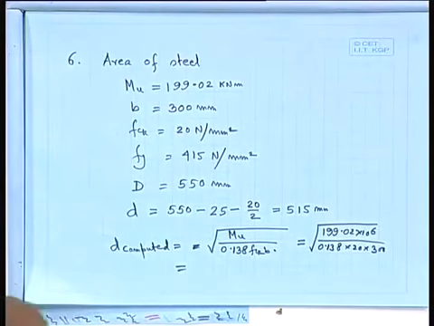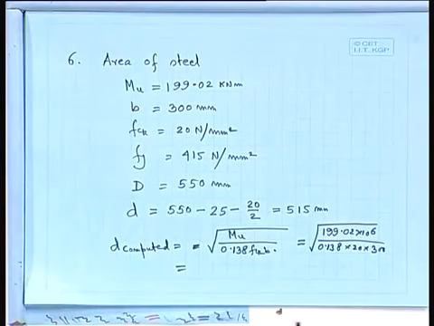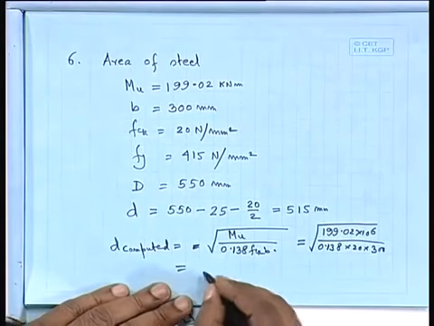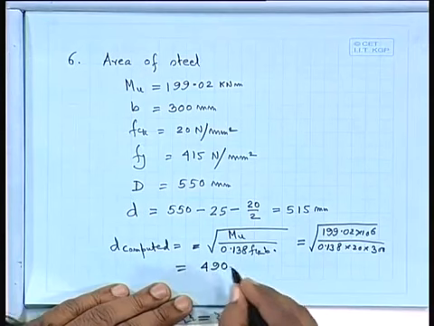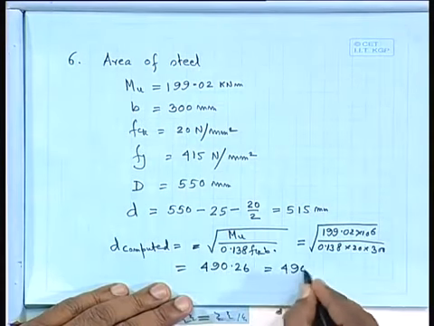So we shall get the square root of that, which is coming as 490.26, say just simply 490 millimeter.